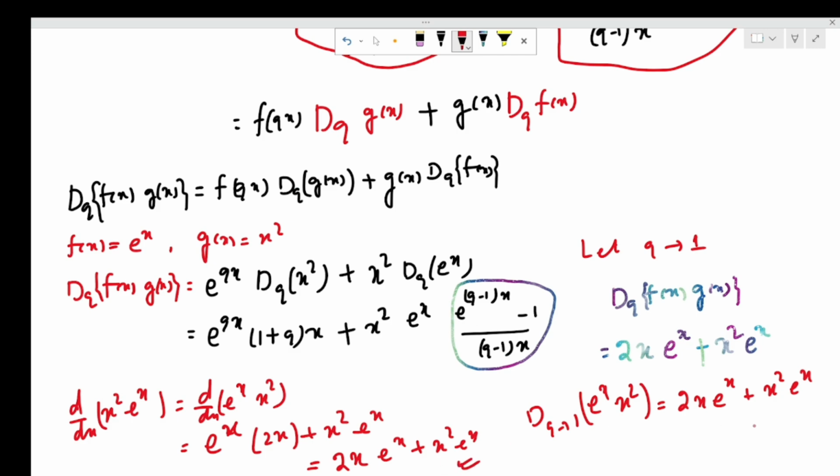So this is the same representation, and by taking one example, we can verify and validate that this formula is also correct.